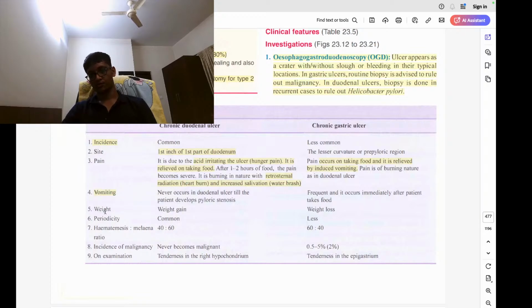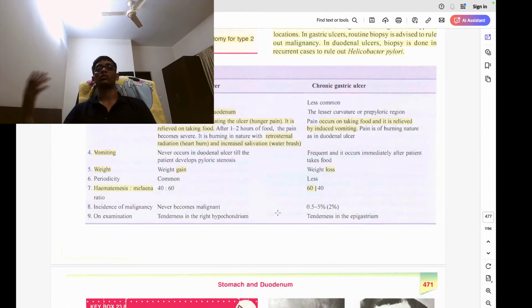Vomiting is important. Weight gain will be there in duodenal ulcer and weight loss in gastric ulcer. Hematemesis and melena are also in a 40:60 ratio, and there is more hematemesis in chronic gastric ulcer. Incidence of malignancy never, 2%.